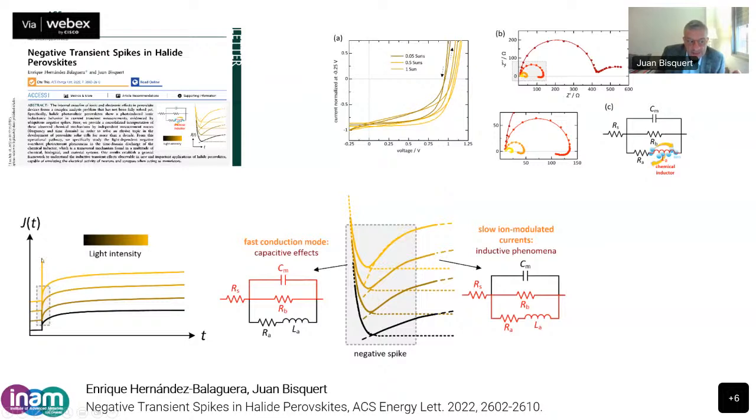of perovskite by a light pulse has a negative spike. So first the photocurrent goes down and then it goes up. Okay, and this was very difficult to explain with recombination models.